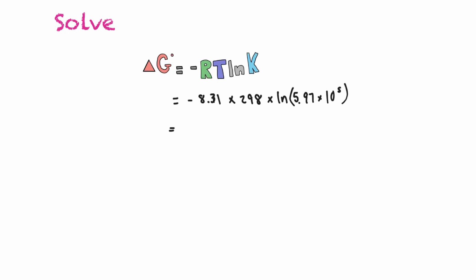That equals negative 32,935 joules per mole. But remember, we need to convert to kilojoules, so it's negative 32.9 kilojoules per mole. So in this example, our reaction is spontaneous because we have a negative ΔG.